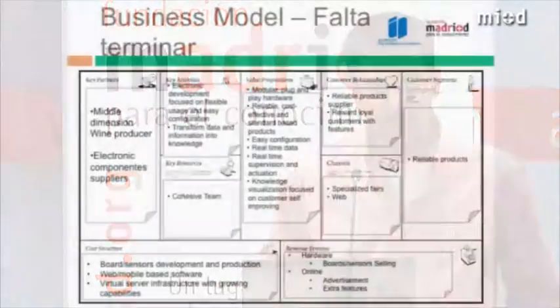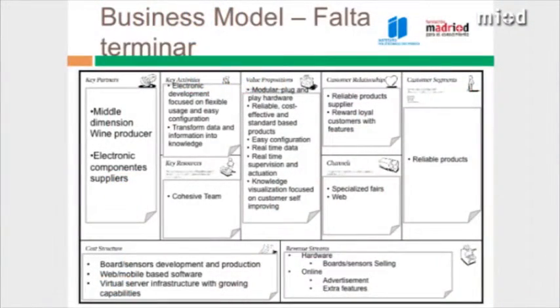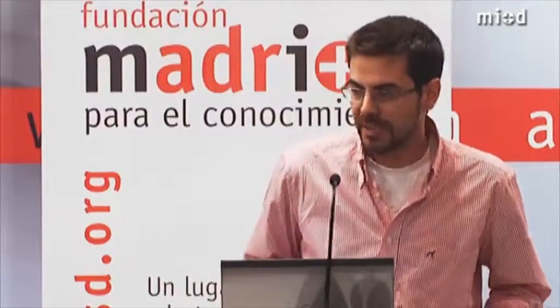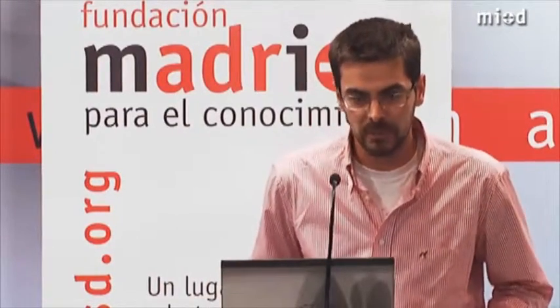This is the business model. I will not extend my words on this graph, because it is very big. I only want to focus here on the right corner. That is where we expect to get revenue from this system.